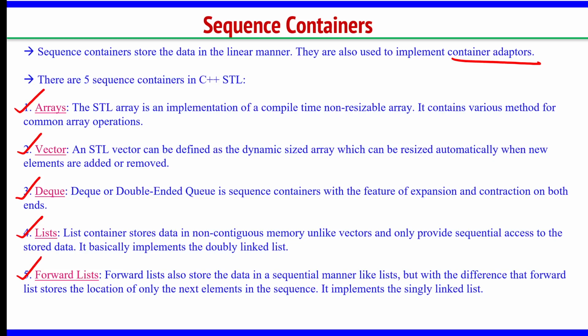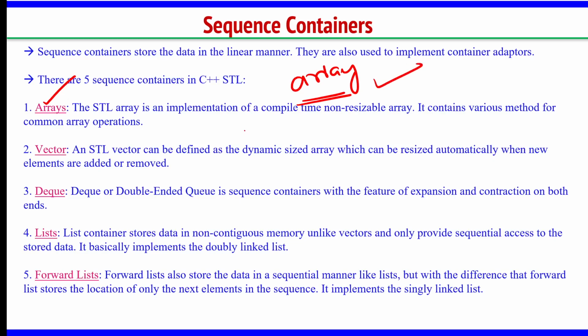Assuming that you already studied data structures, you can understand these things easily. Arrays you already know, the array concept in C and C++. It is the same here using STL, but what is the difference? We will explore that. Next, vector.